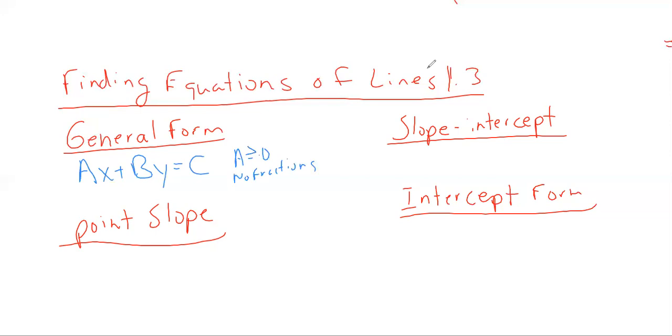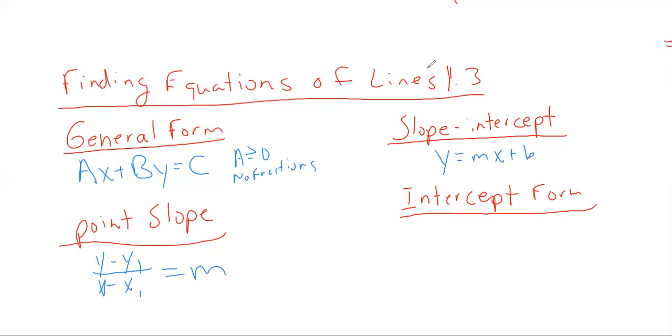The slope-intercept form of the line is just y equals mx plus b. The point-slope form of the line is (y minus y1) over (x minus x1) is equal to m.